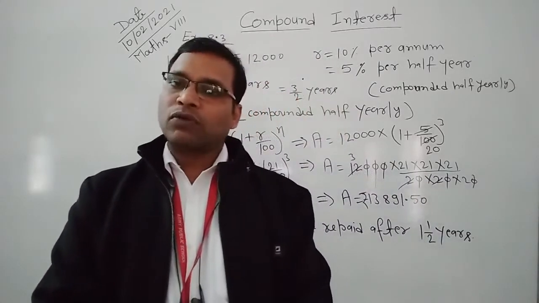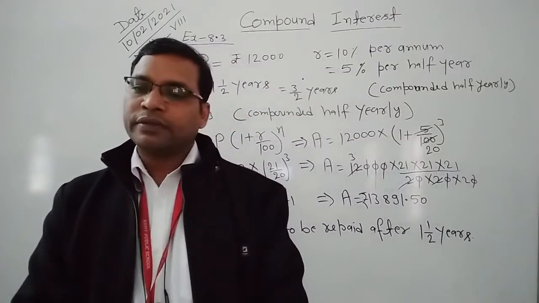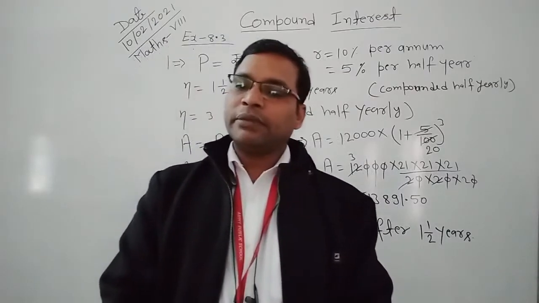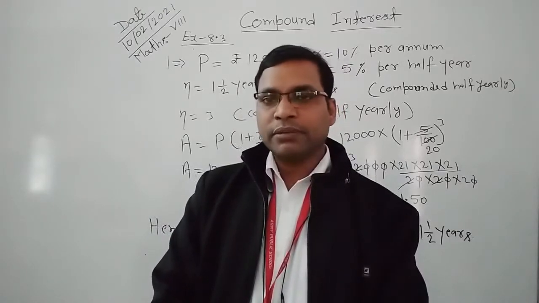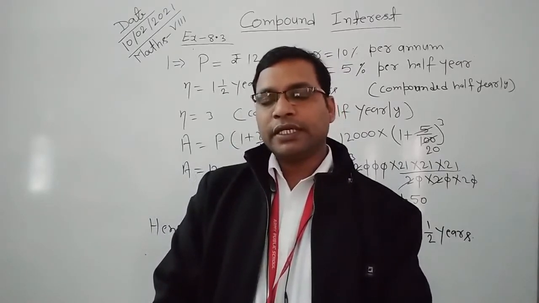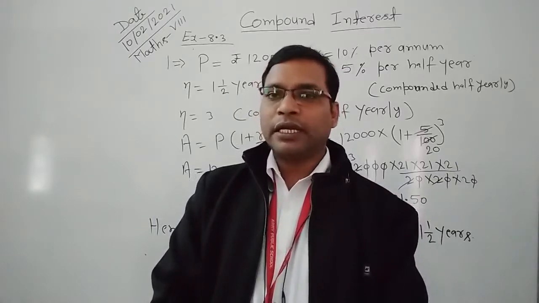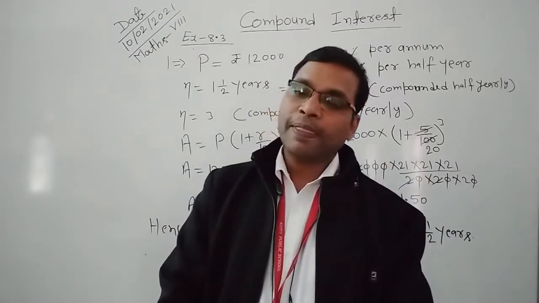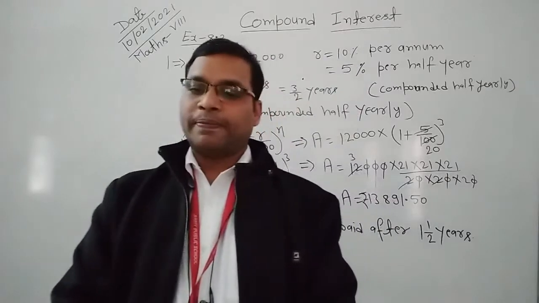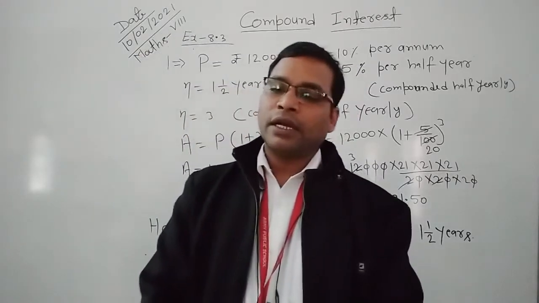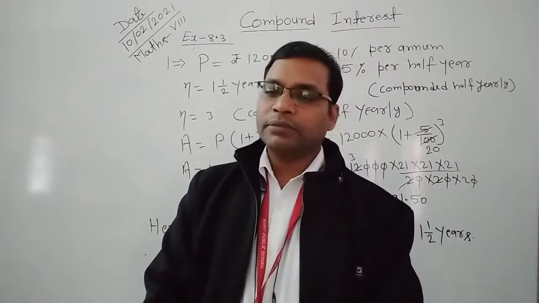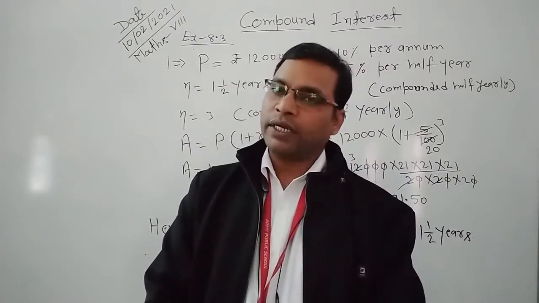So for quarters, here the rate is given as 8% per annum. For compounded quarterly, we divide the rate by 4 and multiply the time by 4. So here the rate becomes 2% and the time becomes 2 quarters.